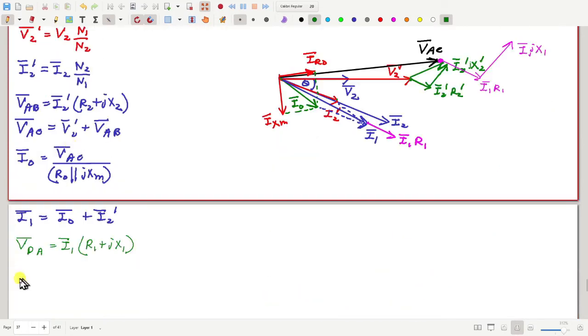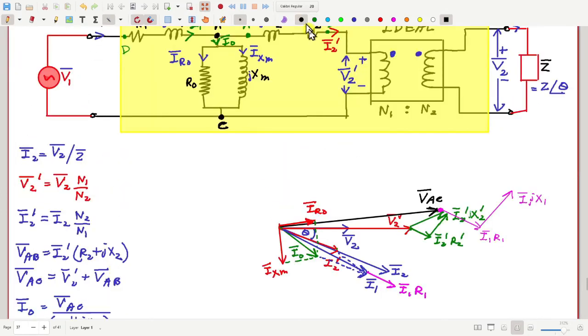So finally V1 will be VDA plus VAC. Which color can I use? Green. That will be this phasor, that is V1.